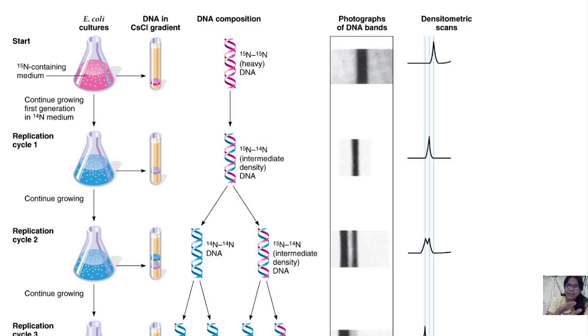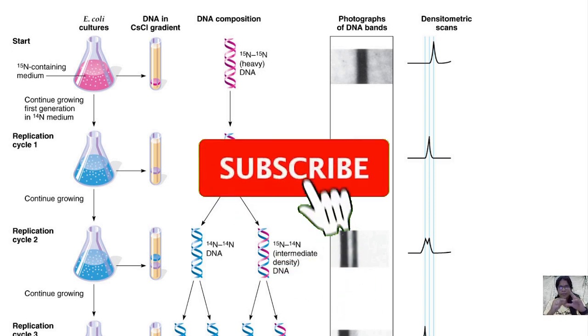Now these DNAs are isolated and centrifuged, because N15, being a heavier isotope than N14, forms a heavier band at the lower part of the tube, right? In the upper part, N14 is the lighter isotope than N15, so it forms a lighter band. So they get two bands, right?